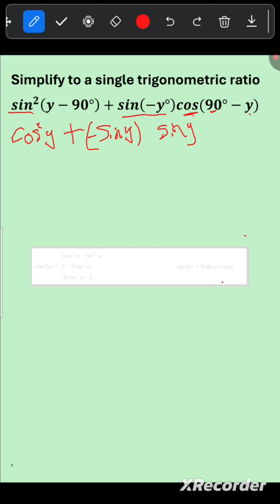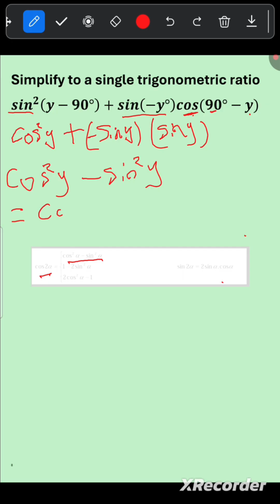Now cos squared y minus sine squared y is a square identity of sine and cos. See, we have got cos squared minus sine squared, which is the same as the double angle identity. So this is equal to cos 2y, done like this.